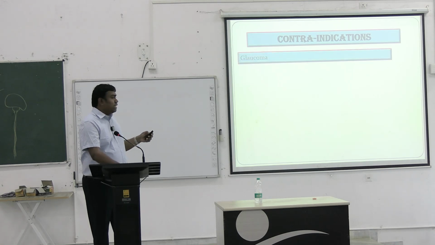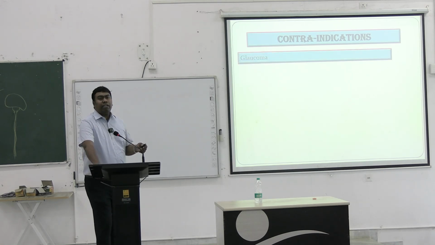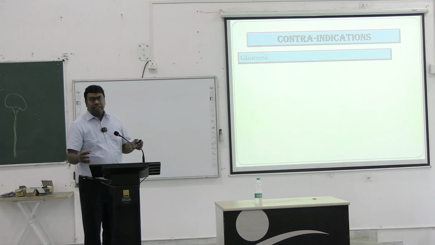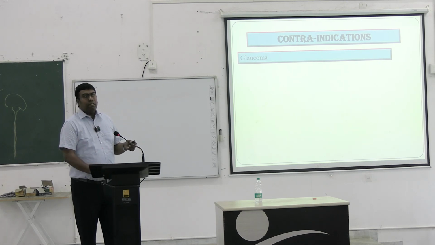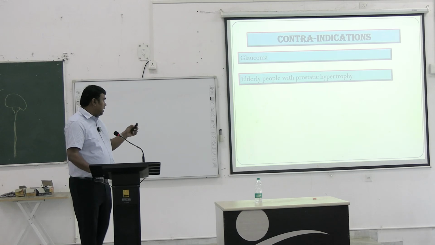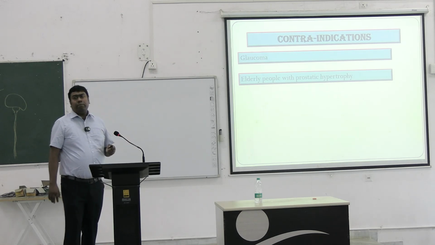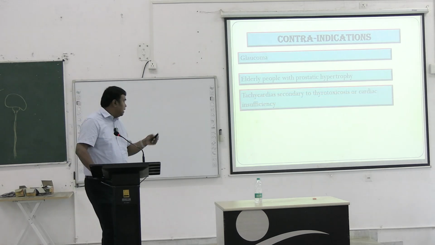Sir, what are the contraindications? Glaucoma. What happens in glaucoma? If there is mydriasis, that can precipitate acute congestive glaucoma. So if a patient is suffering from glaucoma, we try to avoid drugs which have anticholinergic side effects. Elderly people with benign hypertrophy of prostate.